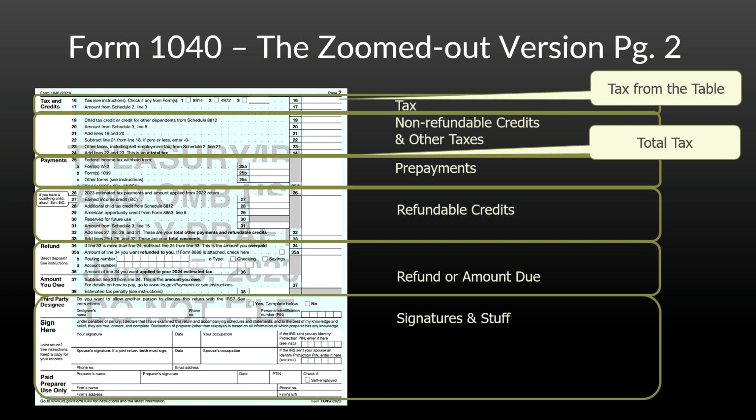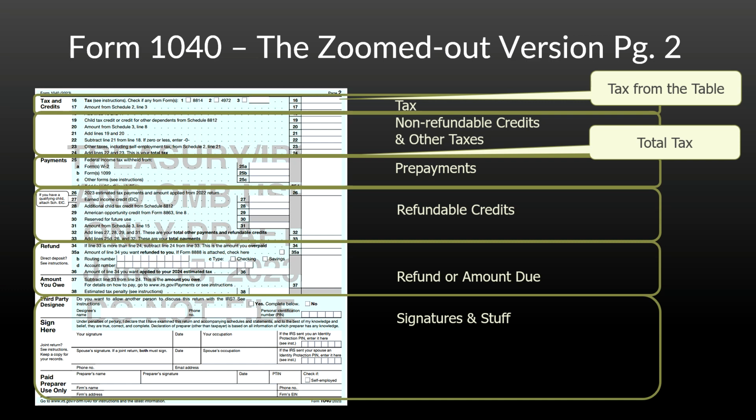Now we spent all of page 1 determining our taxable income, and that's our tax base. So then page 2, the first line is tax from the table. And there are some tables that the IRS publishes that help you determine based on your taxable income what your tax should be. Then there's another line for things like alternative minimum tax.